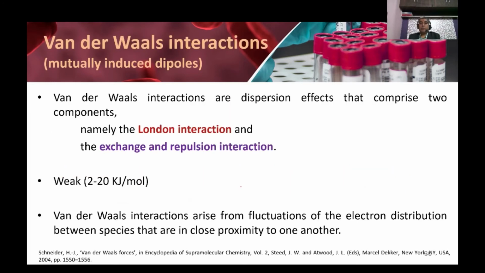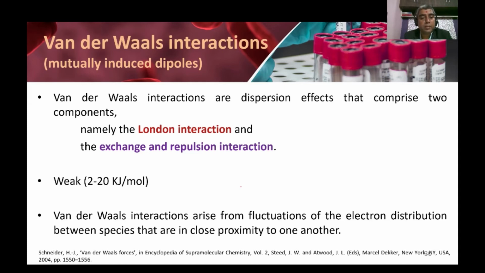The next is van der Waals interaction. We can say van der Waals forces, which is also called mutually induced dipoles. Van der Waals interactions are dispersion effects that comprise two components, namely the first one is London interaction and the second one is exchange and repulsion interaction.